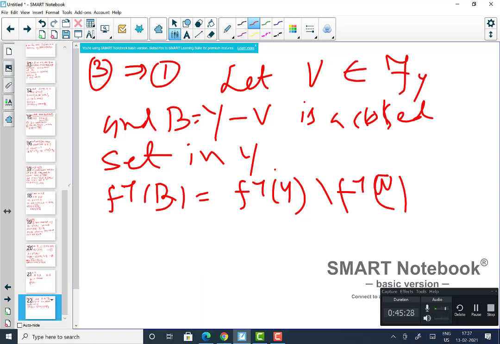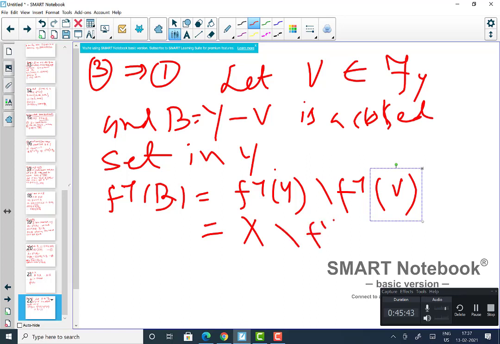Now f inverse of Y is nothing but X. But you know that B is a closed set, and by assumption number 3, f inverse of B is closed.